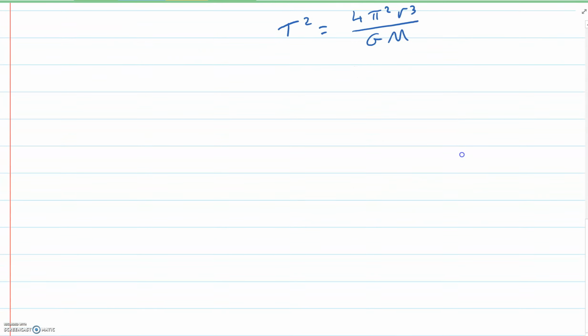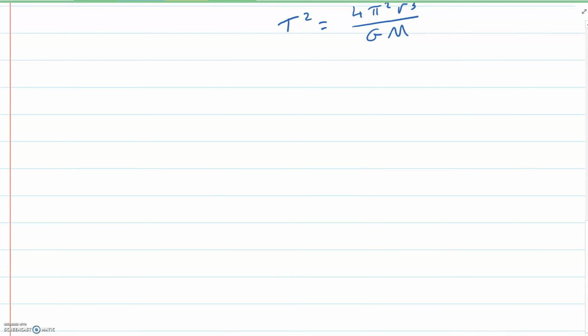Okay, now the second method. So the second method, again, what you're using here is the gravitational force is equal to the centripetal force, but we're using a slightly different formula for the centripetal force. Now this is not the method that we use in the book, but I think this is slightly easier.